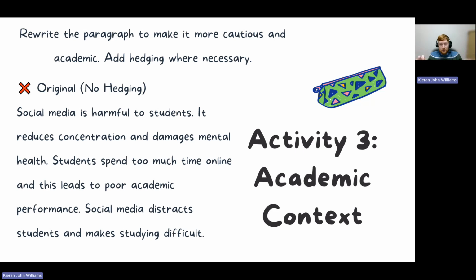So again, pause the video, try to rewrite it yourself using some of these hedging techniques that we've talked about. And then on the next slide, we'll look at a possible example answer that is more appropriate than this one. Okay, so pause your video now, and then we're going to go on to the next screen now.